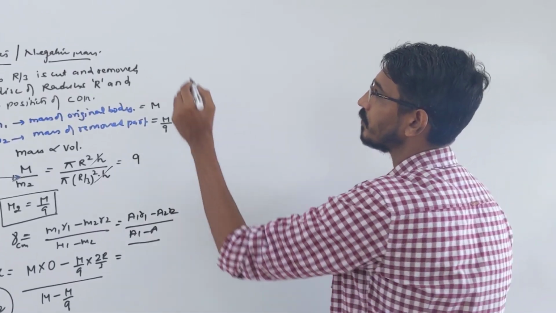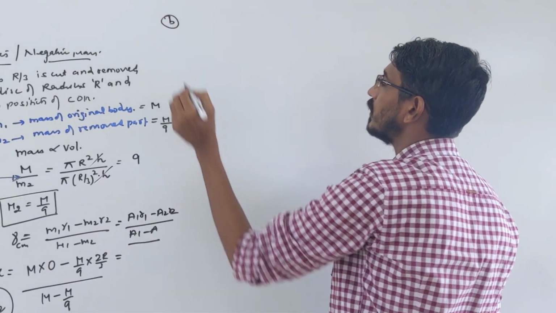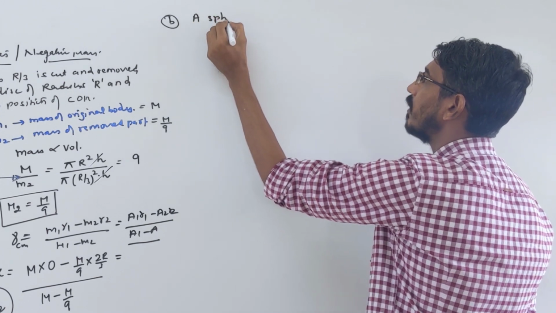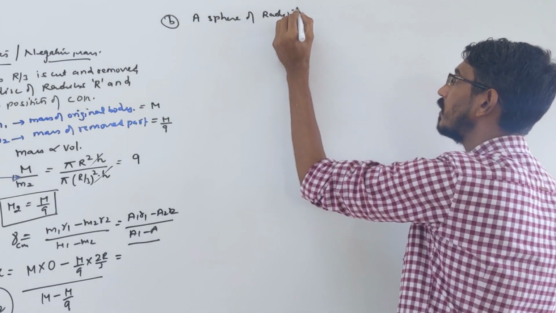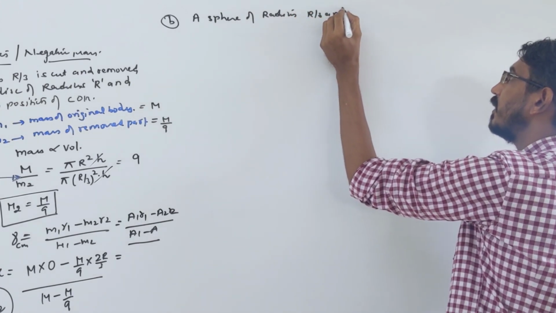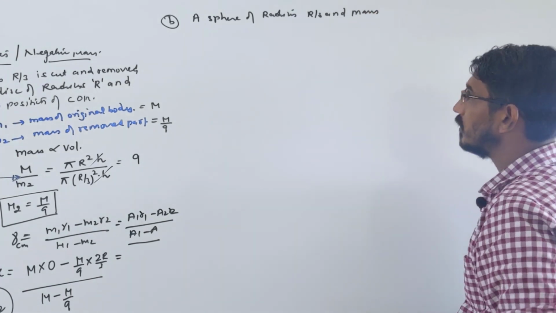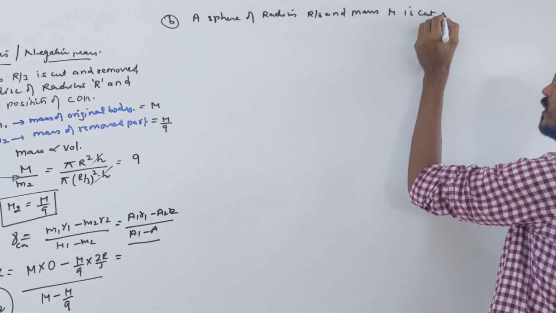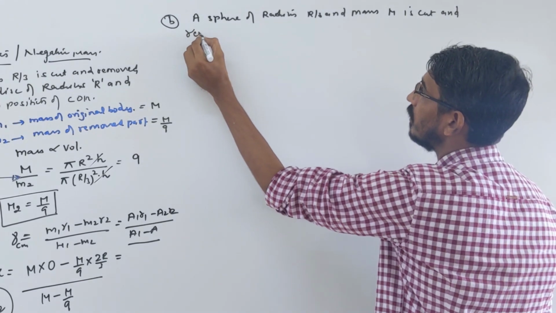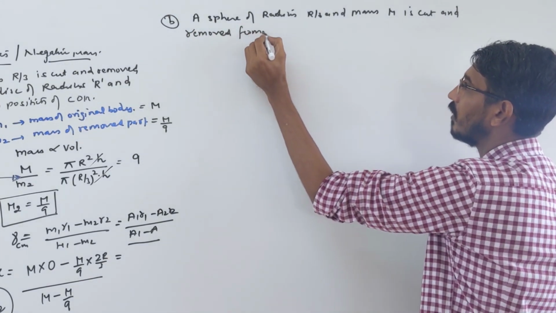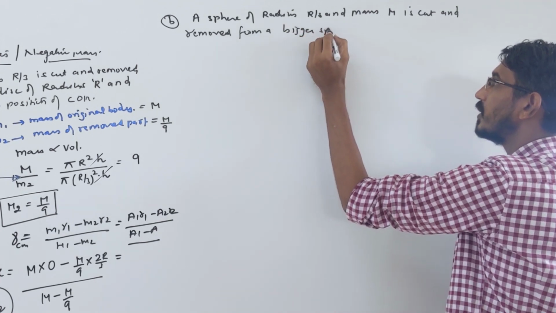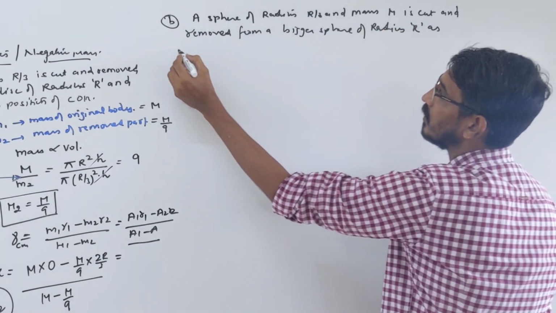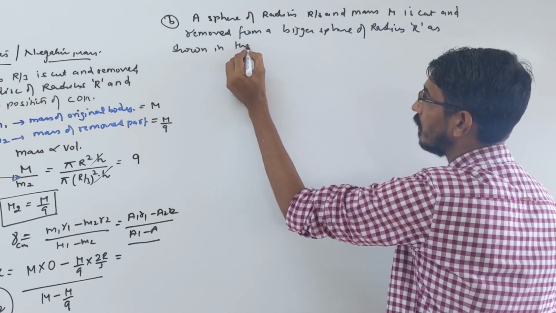So let's see one more example. Say a sphere of radius r by 3 and mass m is cut and removed from a bigger sphere of radius r as shown in the figure.